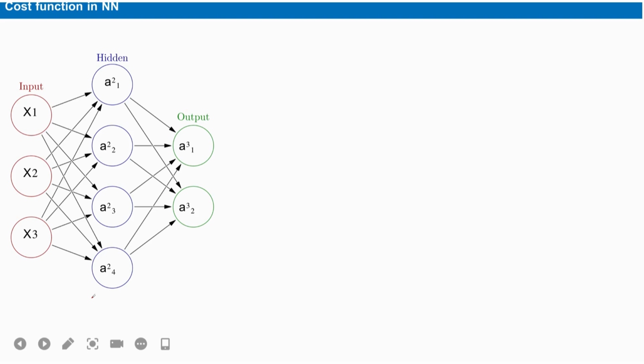The first notation is L, which we use to show the number of layers inside our neural network. For example, in this case the number of layers is 3: 1, 2, 3.